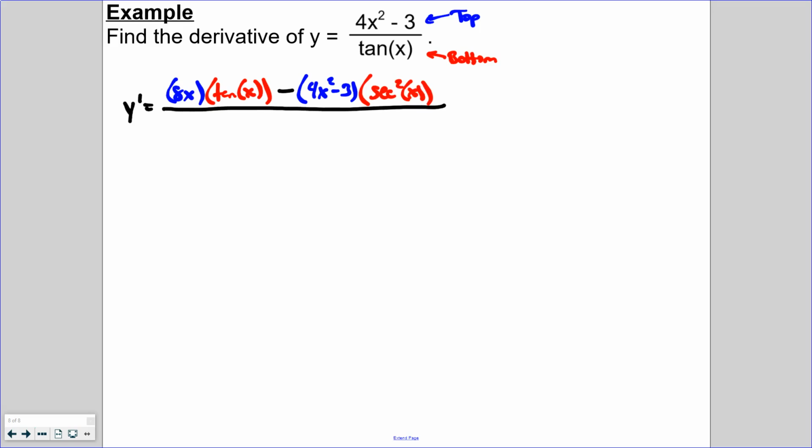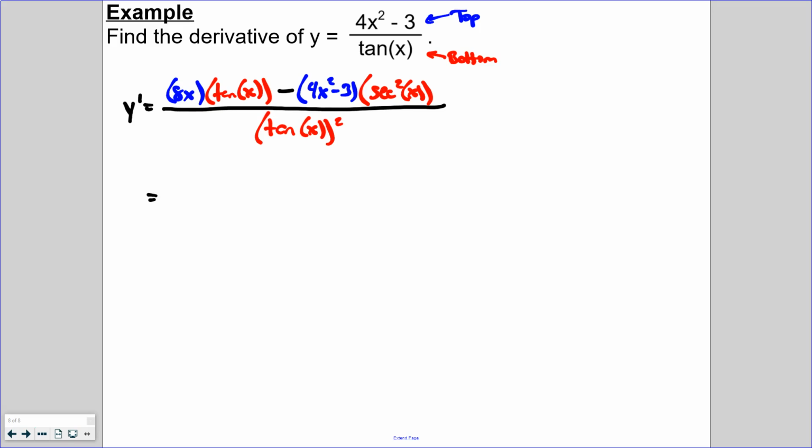And then it's all going to be over the bottom squared, or tangent of x quantity squared.